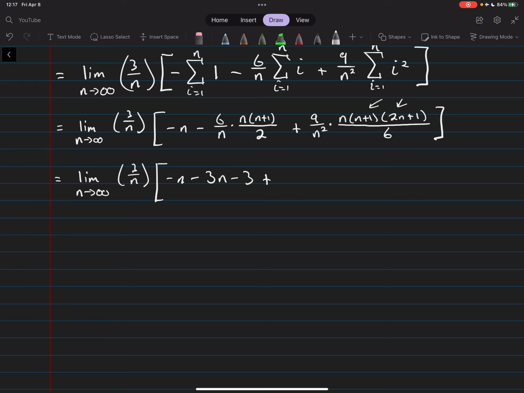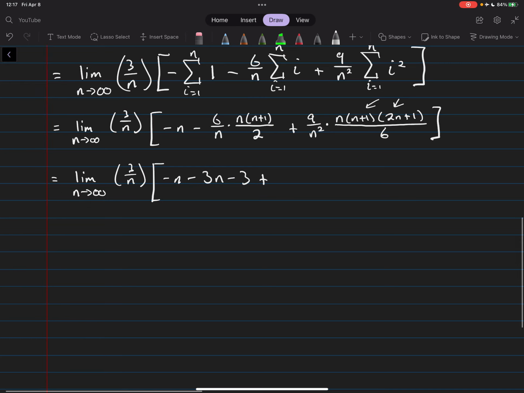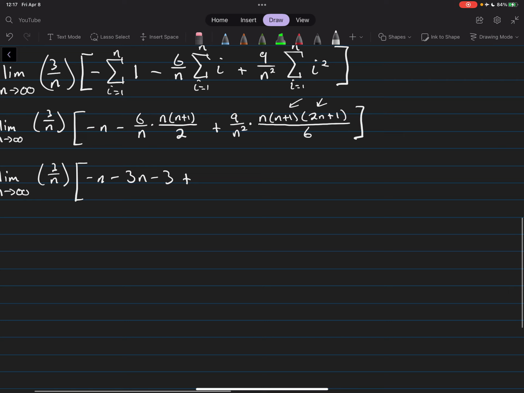But I suggest you take the time to expand this out and find that when you expand this term out right here, you end up with 2n cubed plus 3n squared plus n. That's what that n times n plus 1 times 2n plus 1 expands out to be.